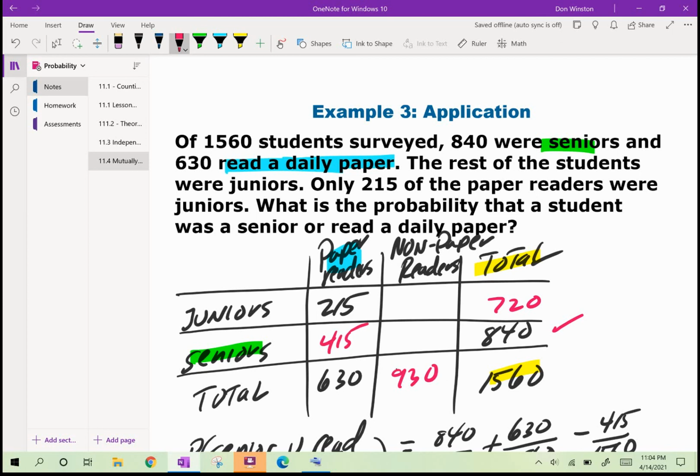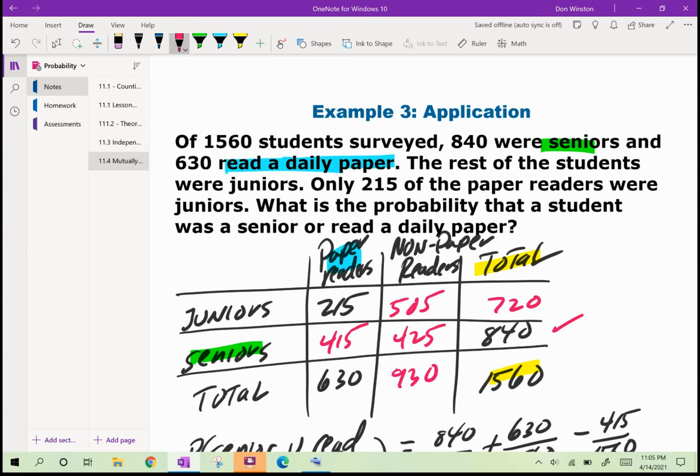And then again, we just fill in the blanks by subtracting. I have a total of 720 minus 215. That will give me 505 juniors who did not read the paper. And I have 840 seniors. 415 were paper readers, which means if I subtract 415 from 840, I would get 425 seniors who were non-paper readers.